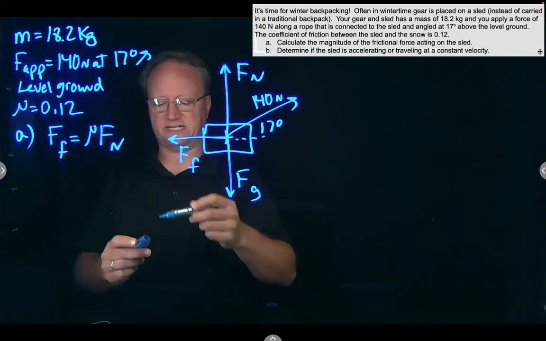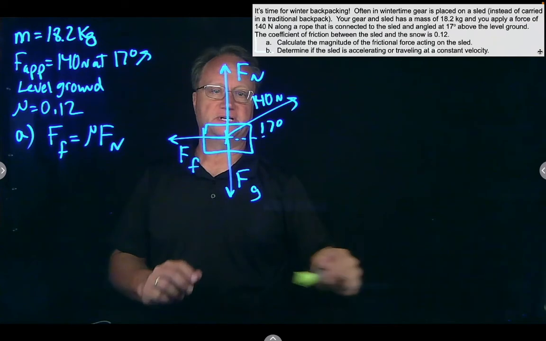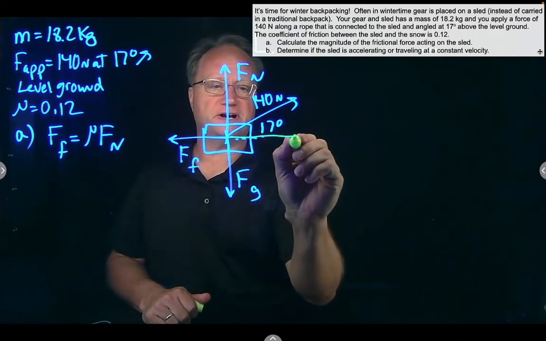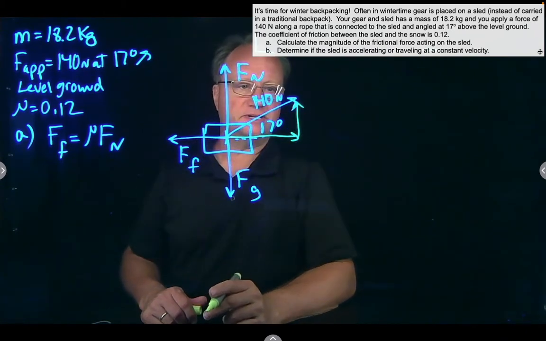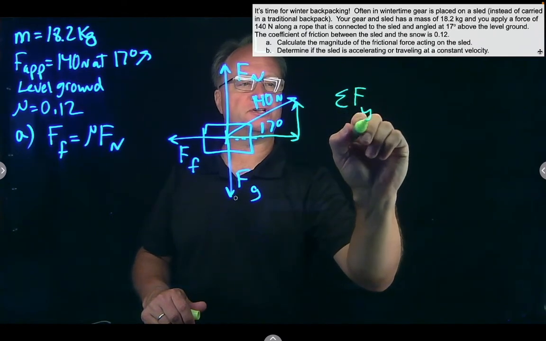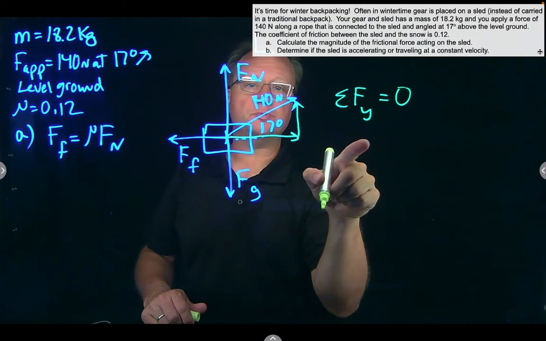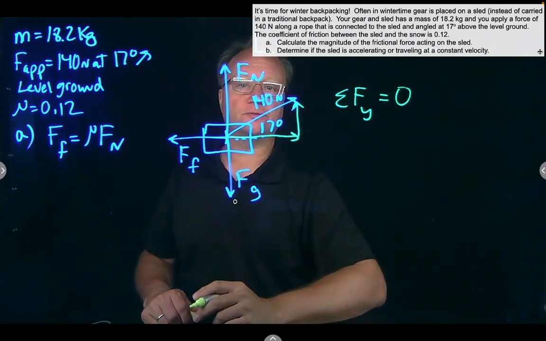What we need is to calculate the normal force, and the normal force is a vertical force. So the first thing I'm going to do to get that is to find our components of the 140 newtons, because we have a situation of equilibrium vertically, and if we're going to set up an equation to be able to find that normal force, we're going to need at least this vertical component.